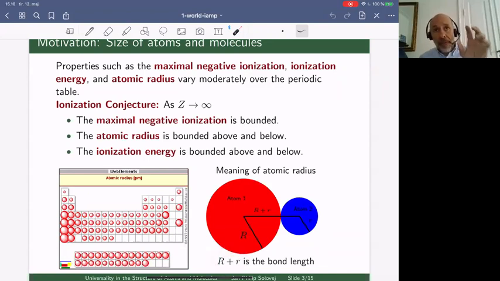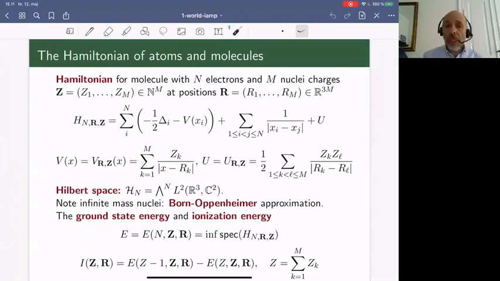The point is that, as an experimental fact, to each atom you can associate a radius, so that when 2 atoms appear in a bond, the bond length is the sum of the 2 radii. These numbers have been collected by looking at lots and lots of bonds where different atoms appear, and it seems to be a rather accurate, though experimental, fact that you can define the radius of an atom in this way. I will define it later on in a more mathematical way, but let me get to that.